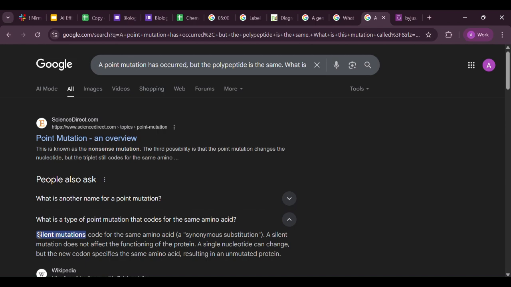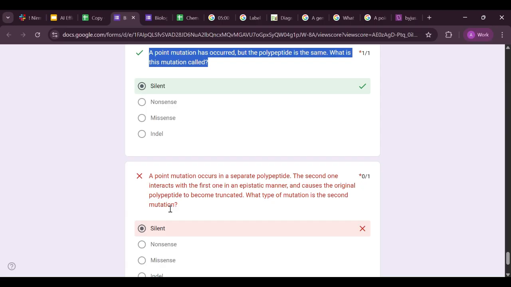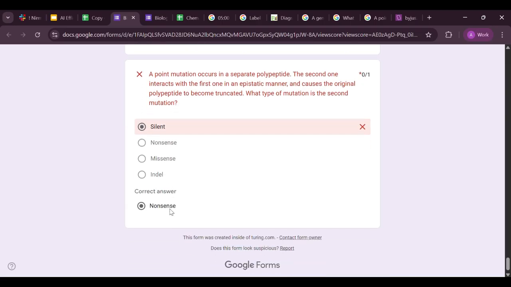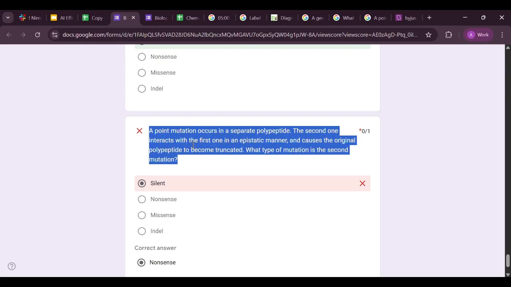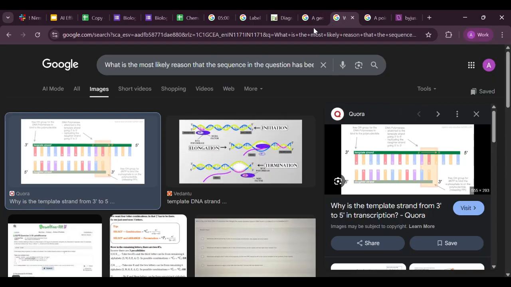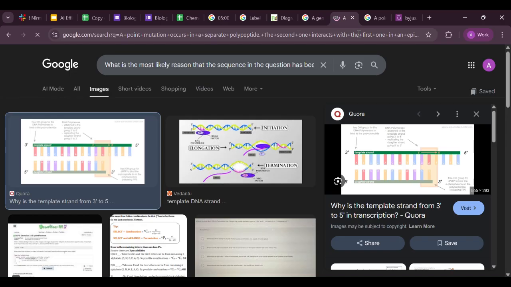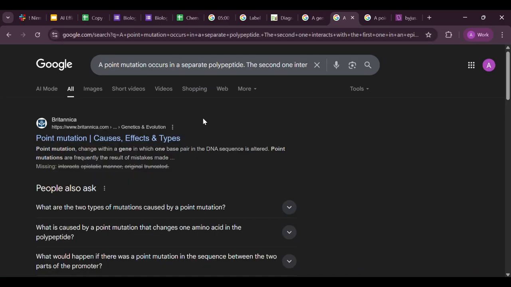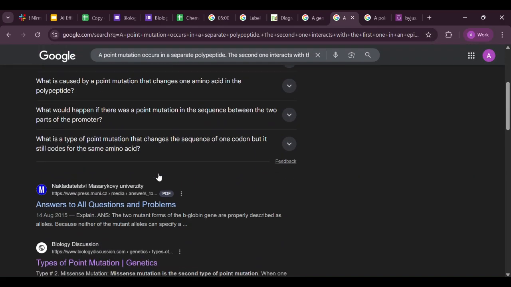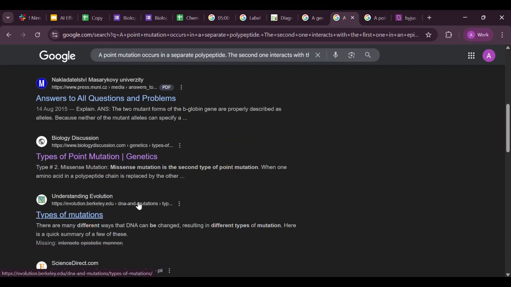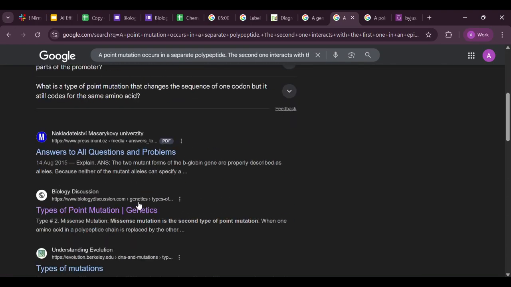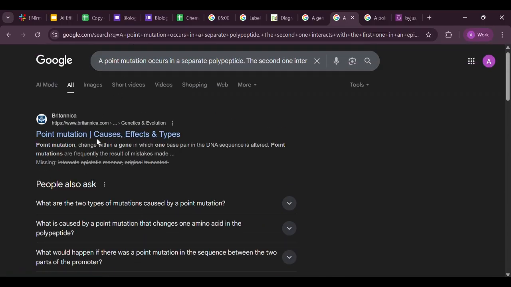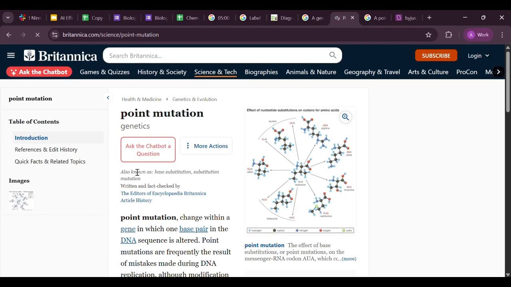So moving ahead with the last question, I guess. Let's check whether I will be able to get the answer from Google or not. Is there any chance we can get the answer from Google? No, it is not. Let's check with the other part as well.